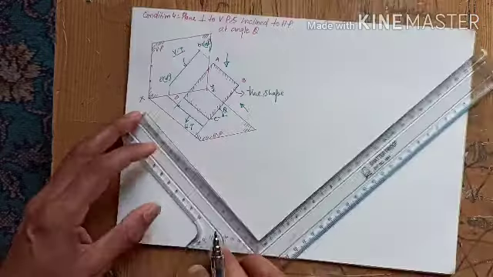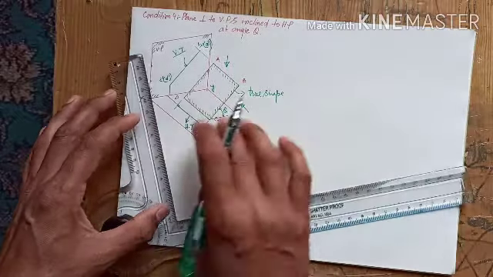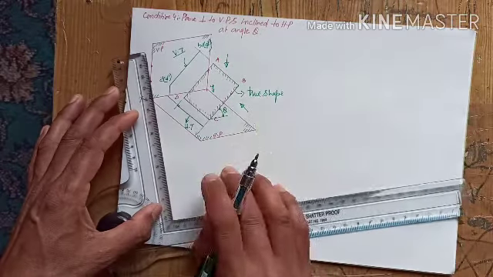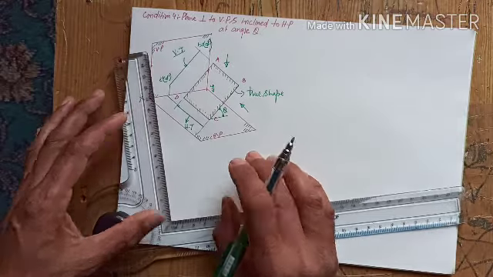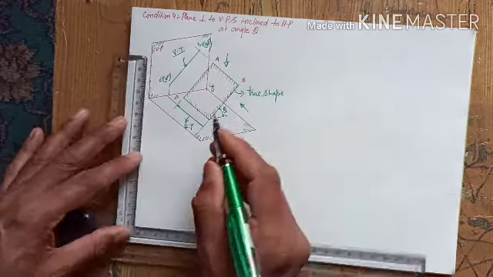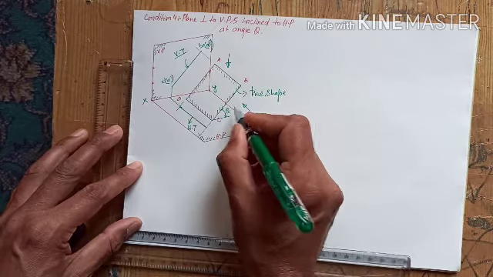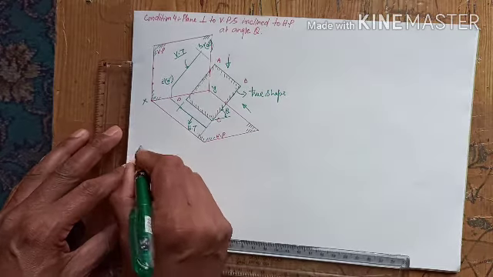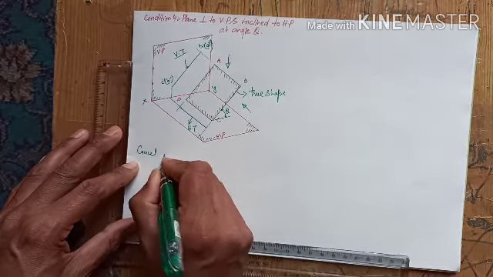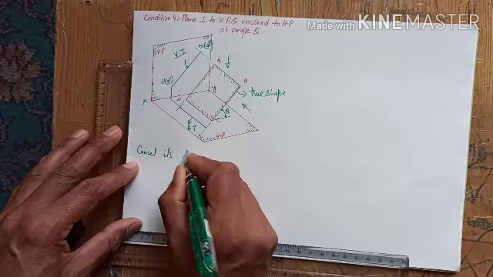So basically the question here is to draw its orthographic projections. How can we draw it? The first and very important point is to cancel its inclination with the horizontal. So we have to cancel its inclination.